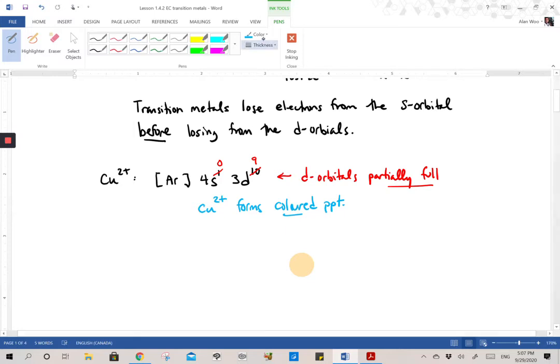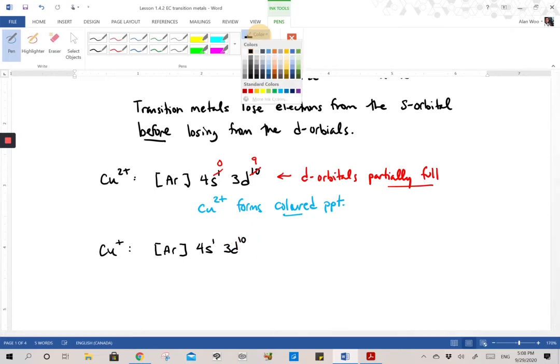In contrast, let's take a look at what happens with Cu+. Cu+ loses only one electron. But again, the trend is for us to lose the electrons from the s orbitals first. So because it loses a single electron, I'm going to take an electron from s, so that electron's gone. We're not promoting anything, it's just been removed.